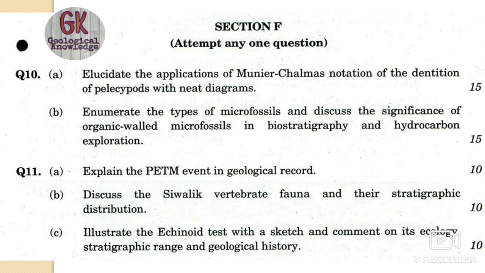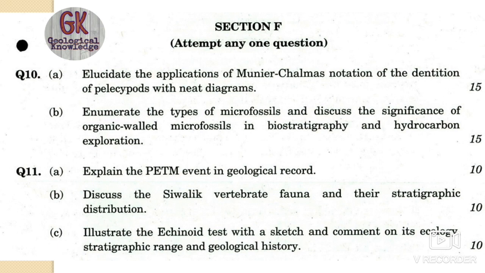Section F, question number 10a: you have to elucidate the application of the Munier-Chalmers notation of the dentition of Pelecypoda with neat sketches, neat diagrams. I don't have any idea about these types of dentition.